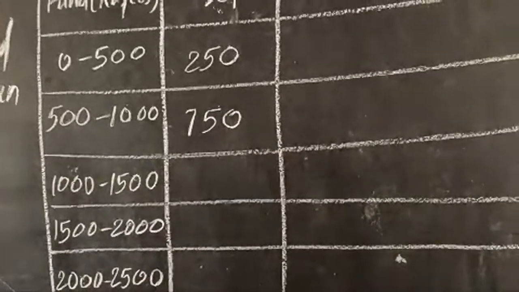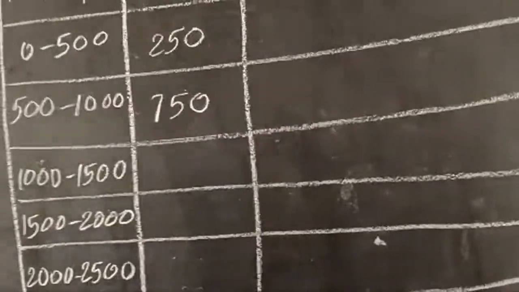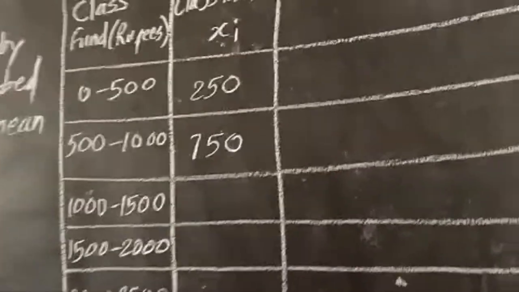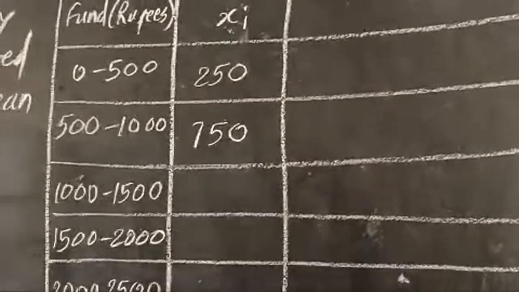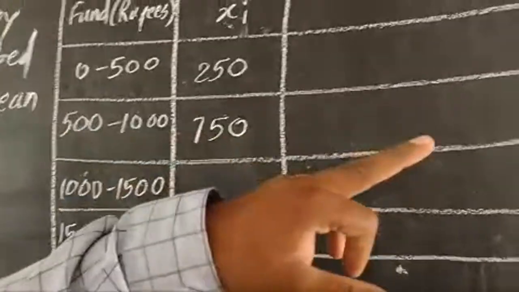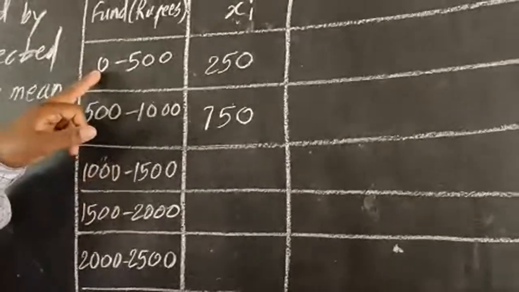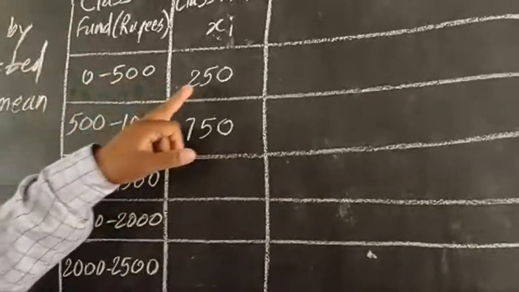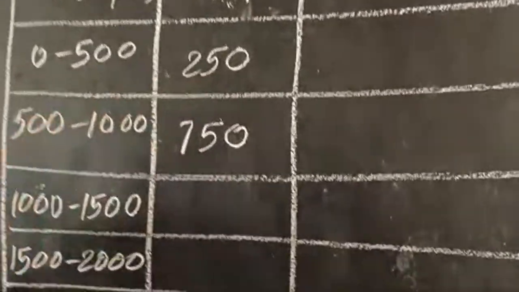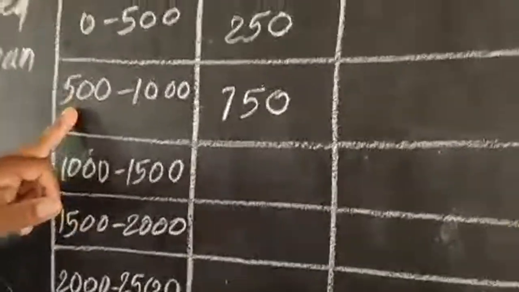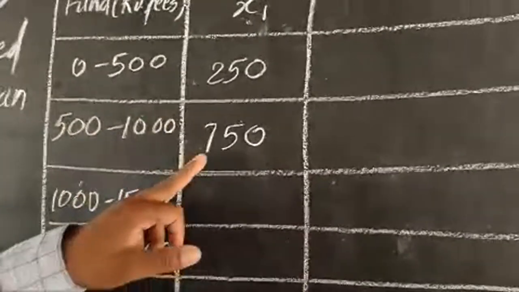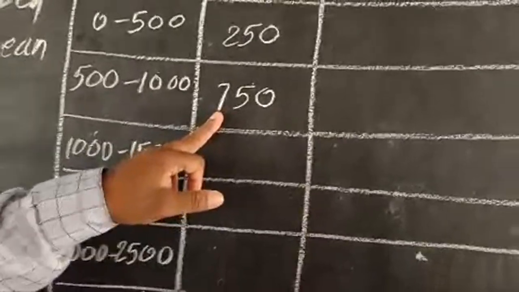Listen and apply. That answer add in each lower limit. Here lower limit is 0, add 250, we get 250. Lower limit is 500, add 250, we get 750.